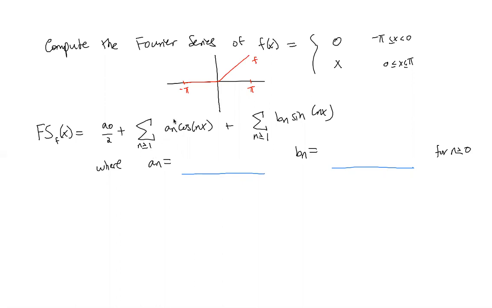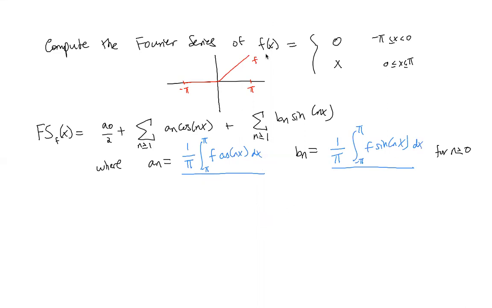So remember how we got them as well. They should be some formulas for orthogonal projections. Okay, so an equals 1 over pi times the integral of f cosine nx from negative pi to pi. And bn equals 1 over pi integral from negative pi to pi of f sine nx. These are all with respect to x as well, the integrals.